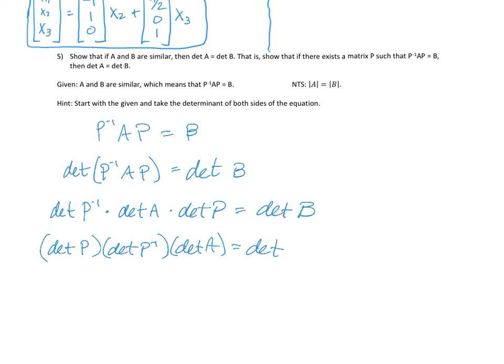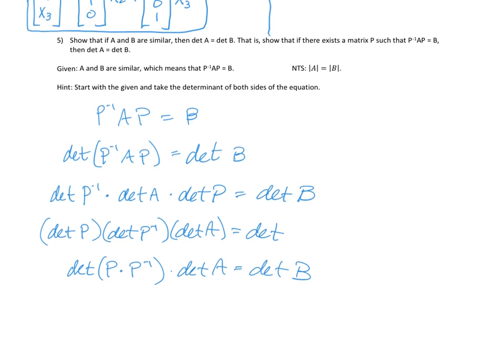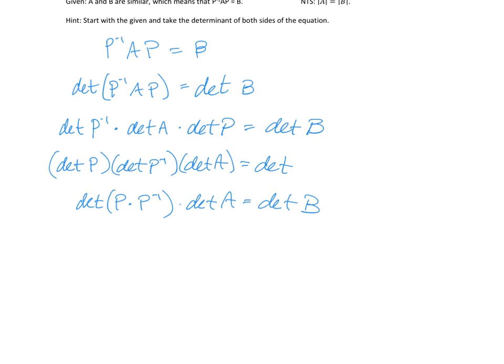Then I'm going to use the same property of determinants I used earlier, but in reverse, to write the determinant of P times the determinant of P inverse as the determinant of P times P inverse. Okay, P times P inverse is the identity.